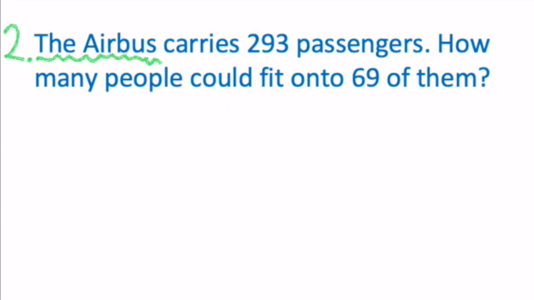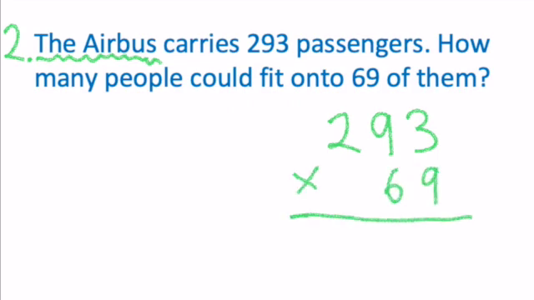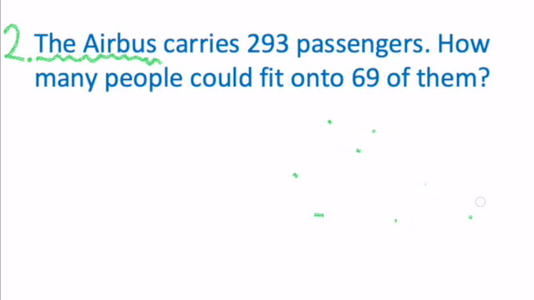Okay, welcome back. So it's 293, and we're multiplying it by 69. Now, I can already see I haven't left myself enough space to add that at the bottom, so let's start that again. 293 times 69.